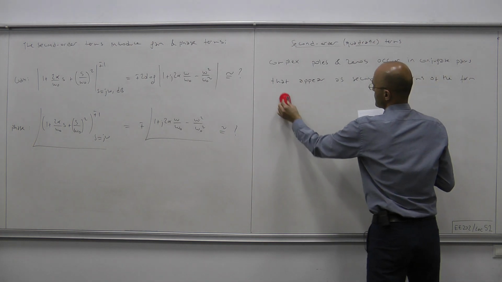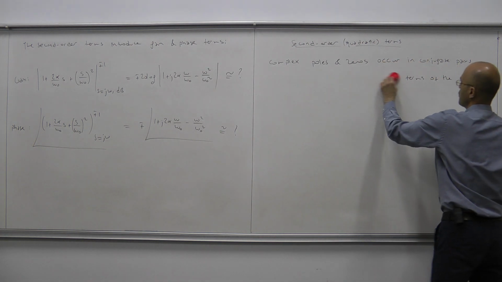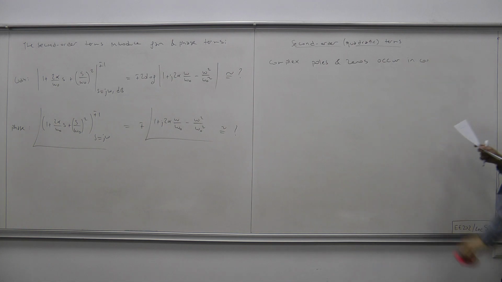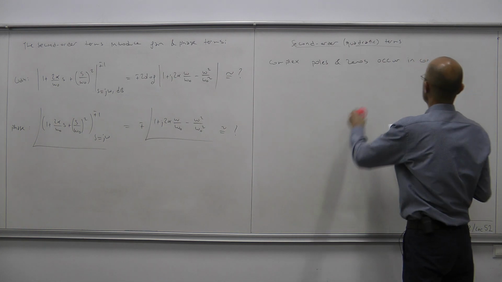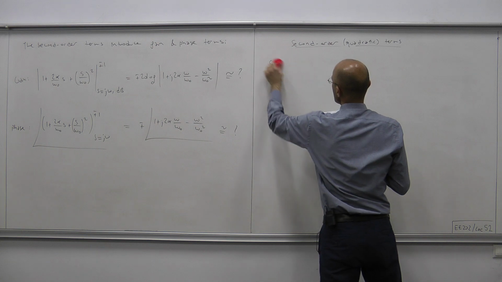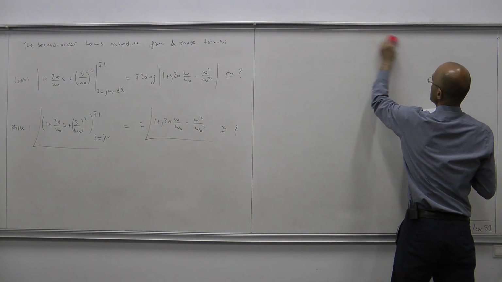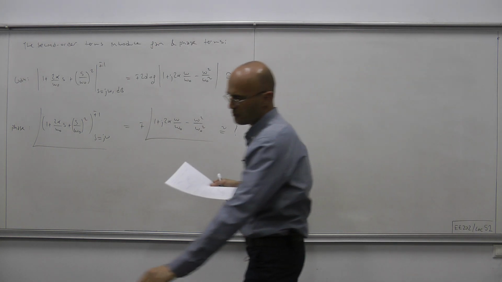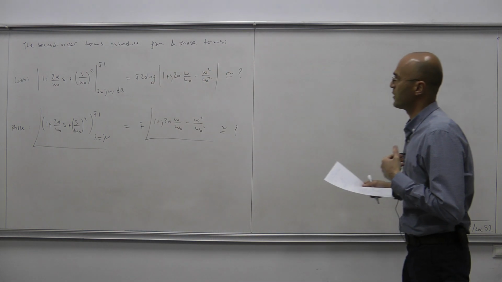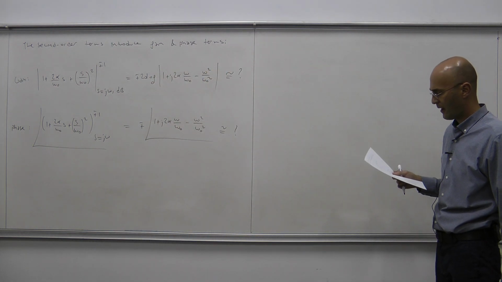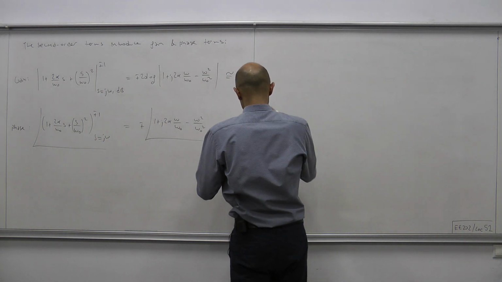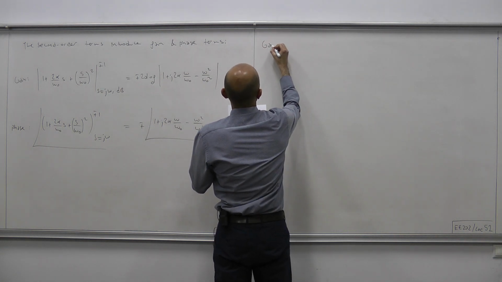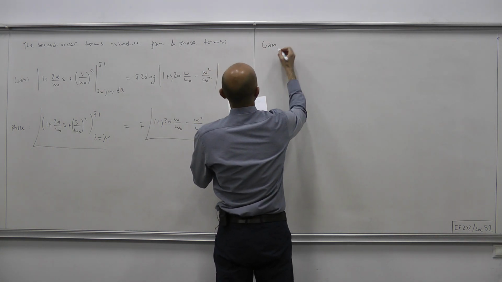Now, the way to approximate those terms is the same, more or less, as how we approximate the first order terms, but the approximation is not as good because we now have complex conjugate roots. This is how we approximate the gain.